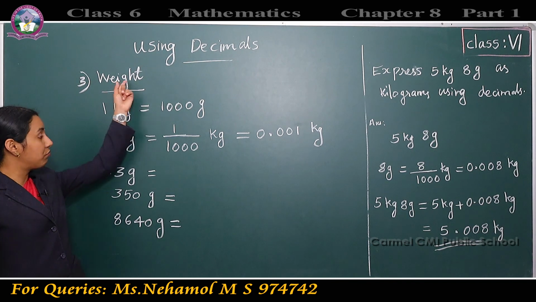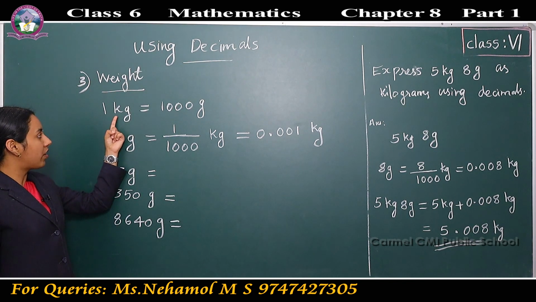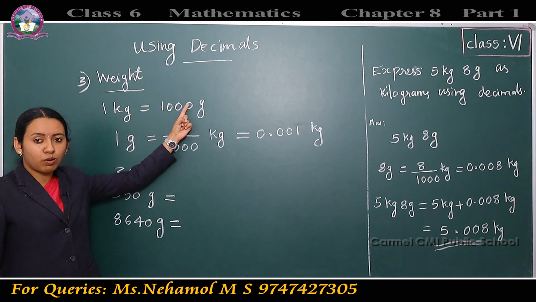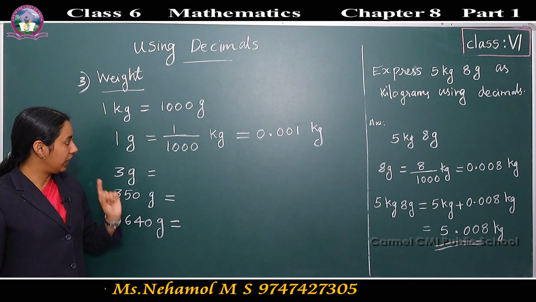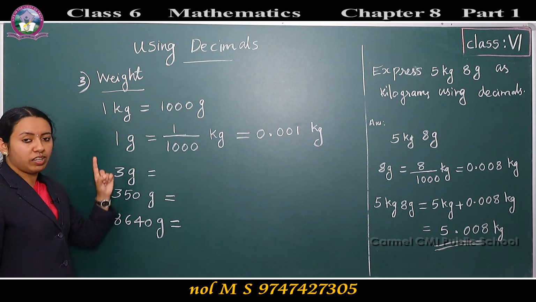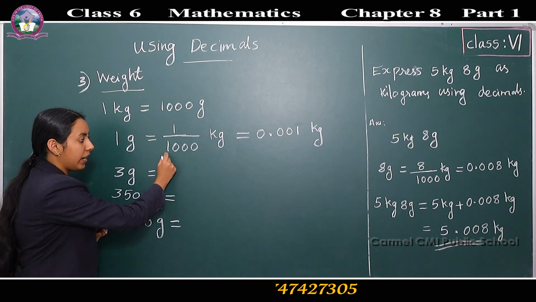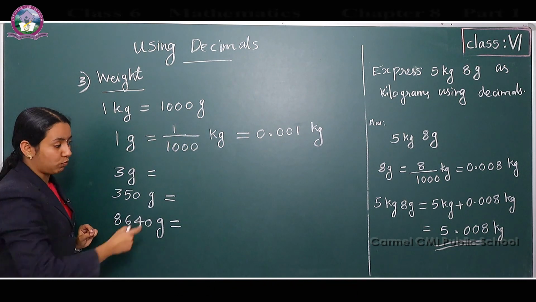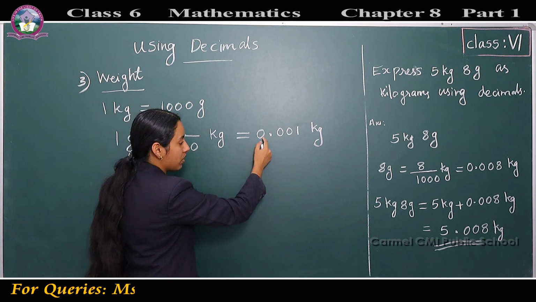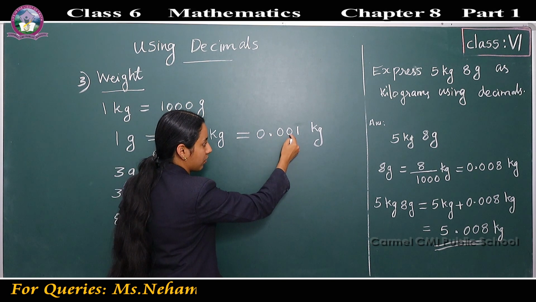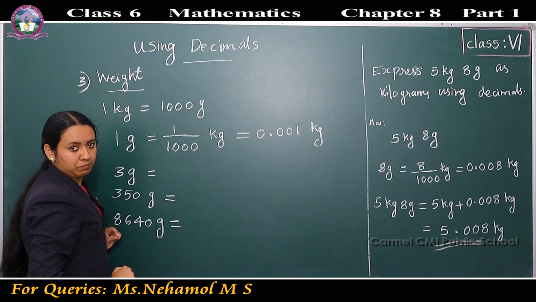Next one, weight. We know that 1 kilogram is equal to 1000 gram. Then 1 gram will be equal to 1 by 1000 kilogram, that is equal to 0.001 kilogram.